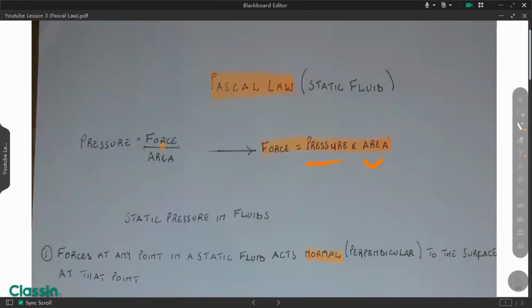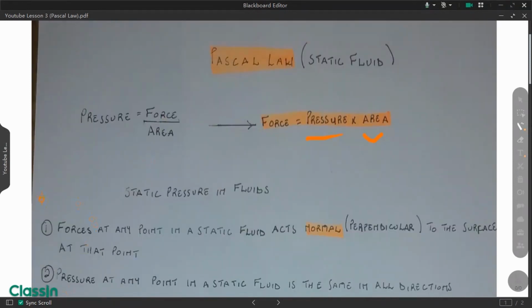In pressure in liquids, we need to be aware that forces at any point in a static fluid, or fluid at rest, act perpendicular to the surface at that point. So it acts normal, or you can rephrase it and say it acts at right angles to that surface. So forces at any point in a fluid at rest act perpendicular to that surface.